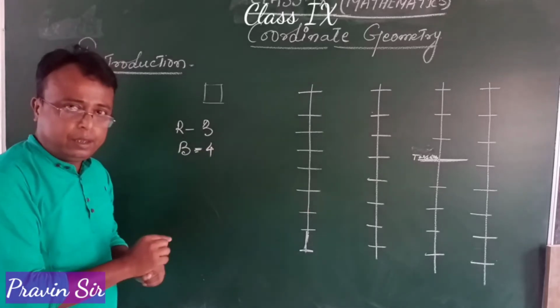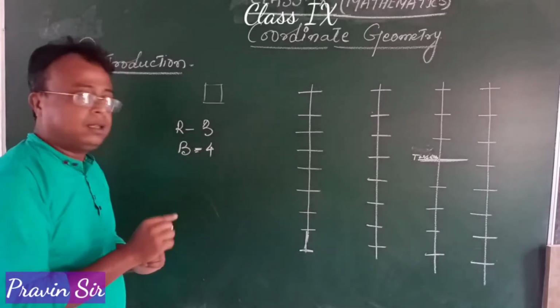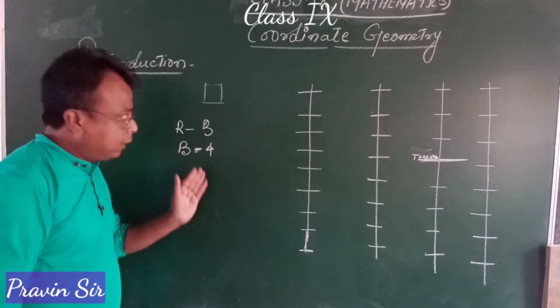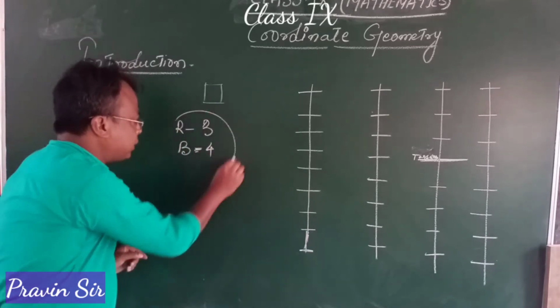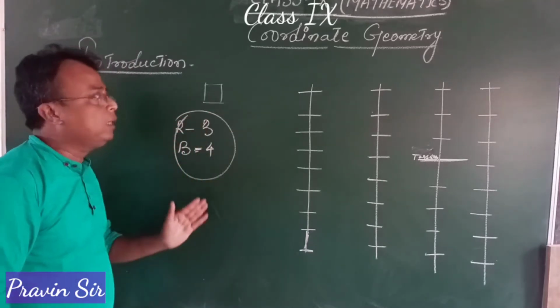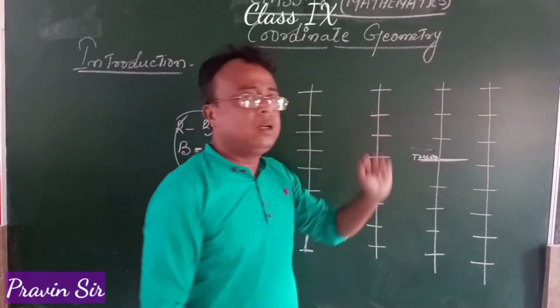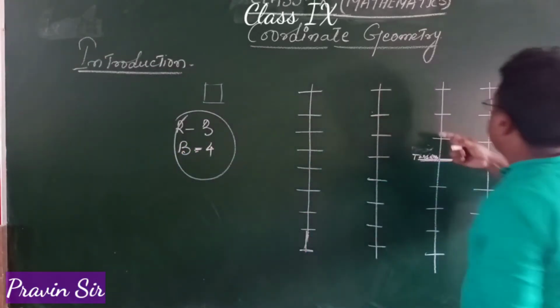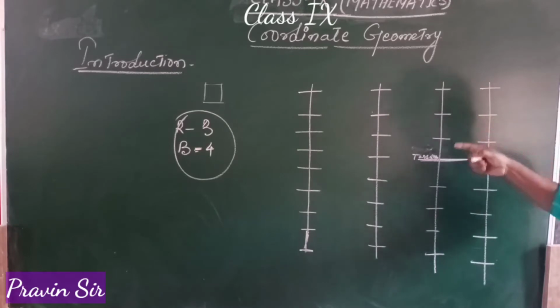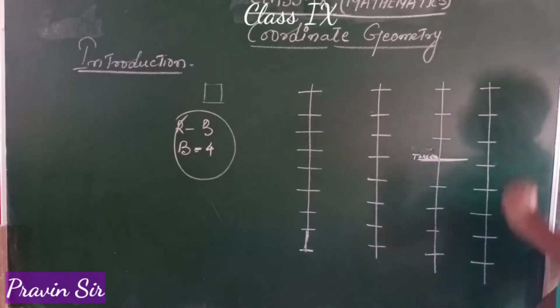Tasar. Are you getting? Obviously, when I give this information to that person, he will go directly to row number 3 and see which is bench number 4: 1, 2, 3, 4. So here that boy is sitting.